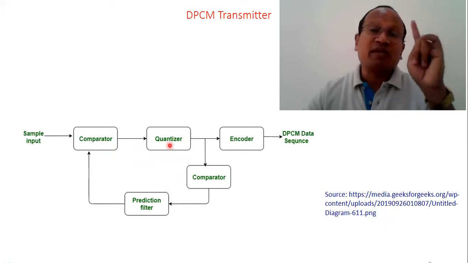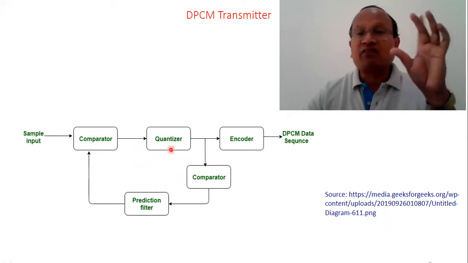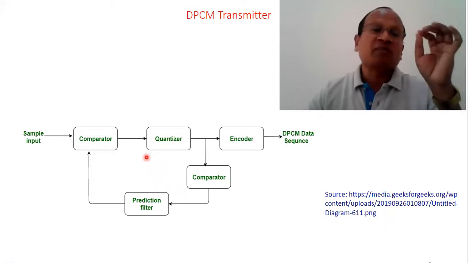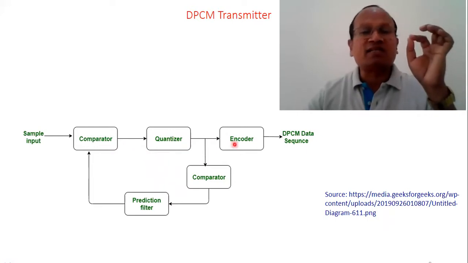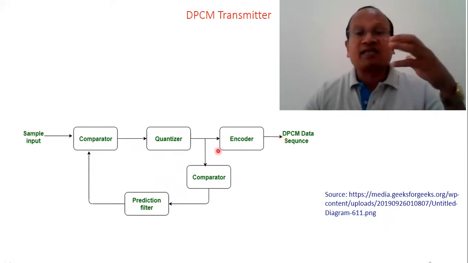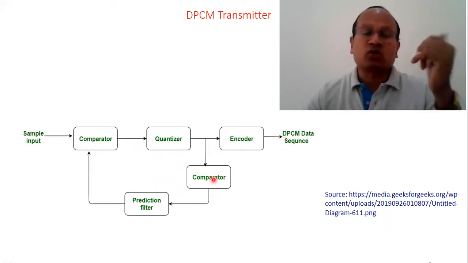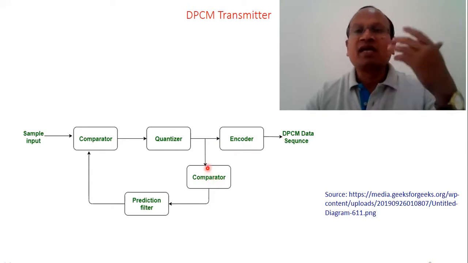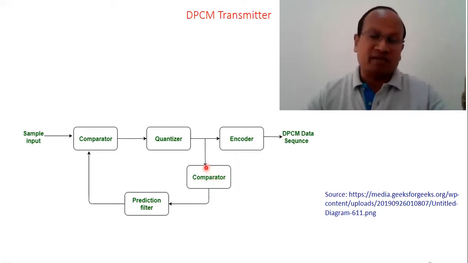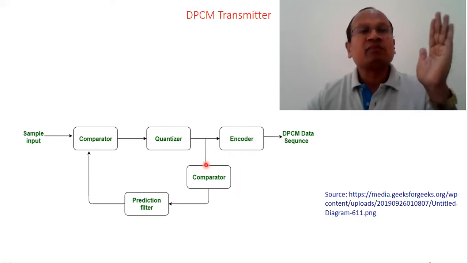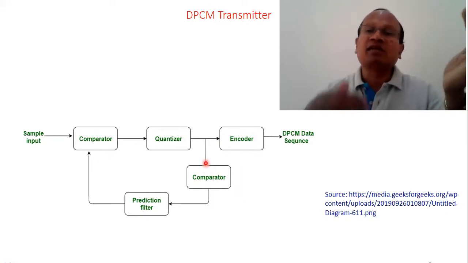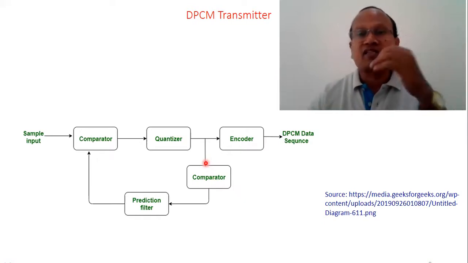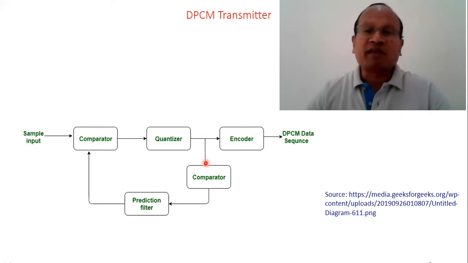So the difference will now be quantized. The comparator will output the difference as well as the sum, but we are interested in the difference term. The difference term will be quantized and then encoded, and that error signal also goes to the comparator again, so that the same amount of signal which corresponds to the error signal can again be generated for further comparison. Further means when the next sample is coming, we need the previously transmitted pulse, and for that the predictor filter is used.